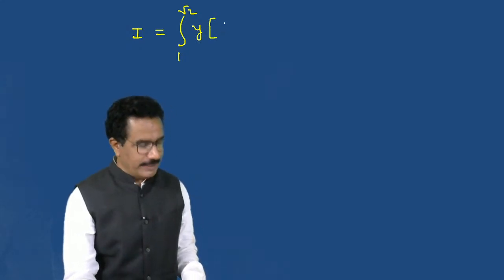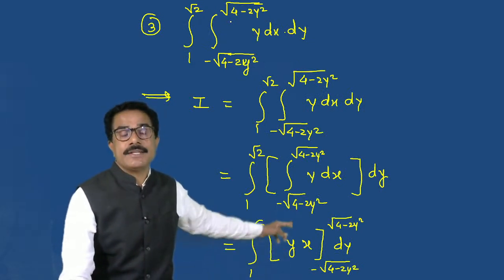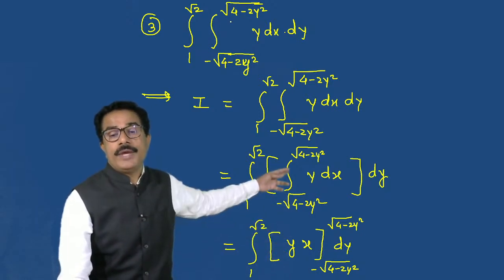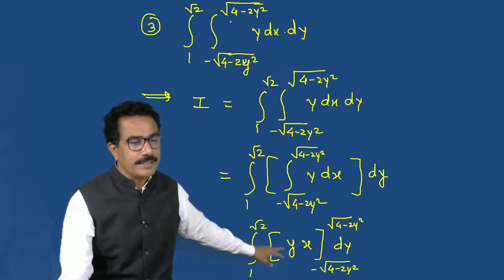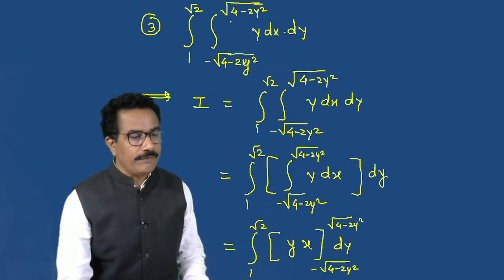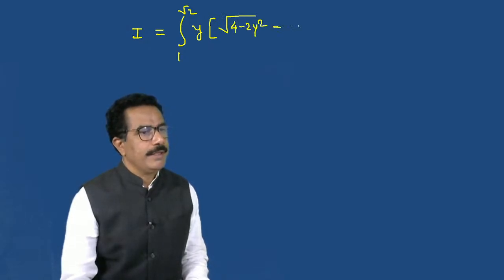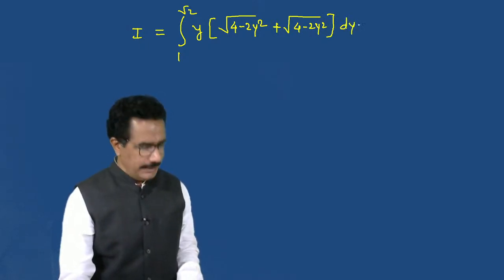We are integrating with respect to x, so we have to put the limits in the place of x. So the upper limit √(4 − 2y²) minus the lower limit −√(4 − 2y²), so it will be dy.